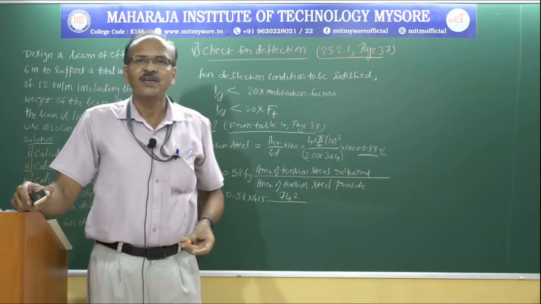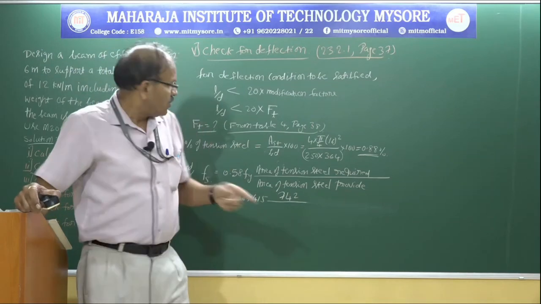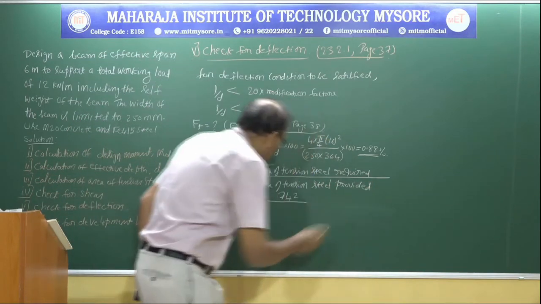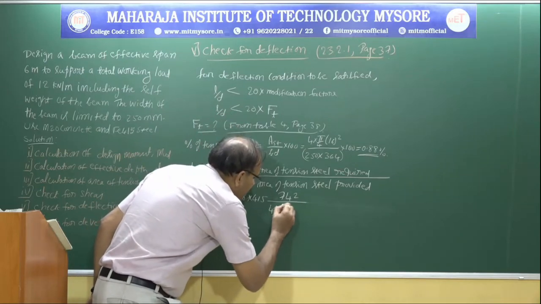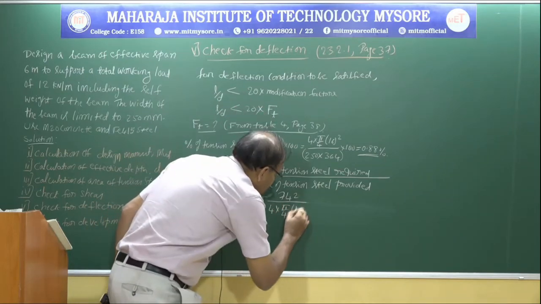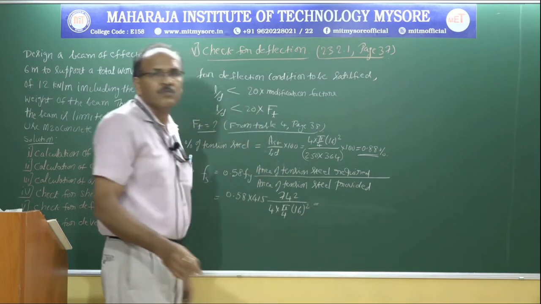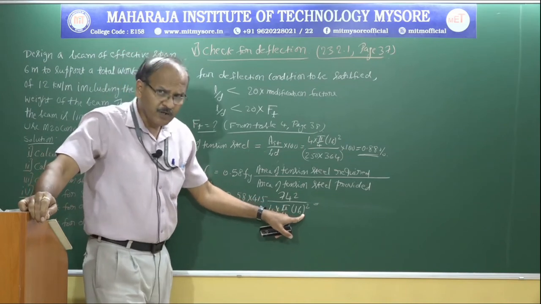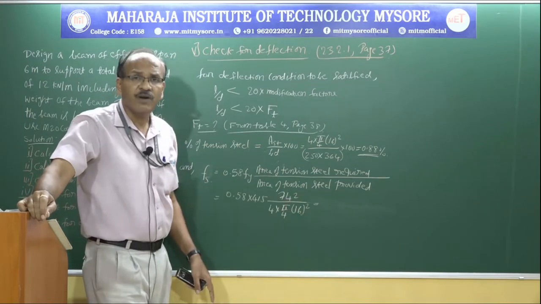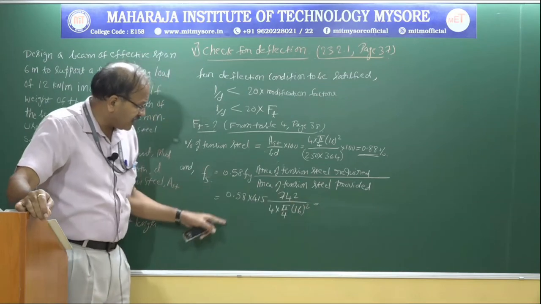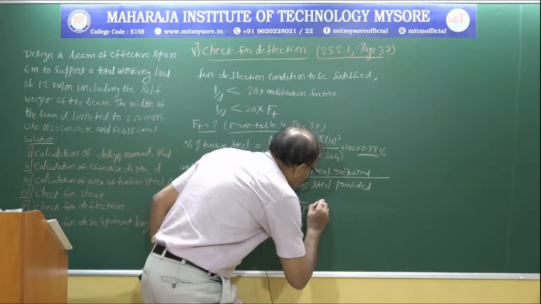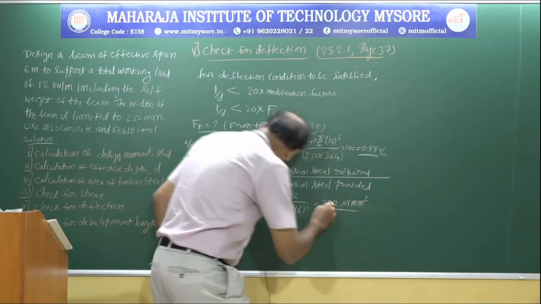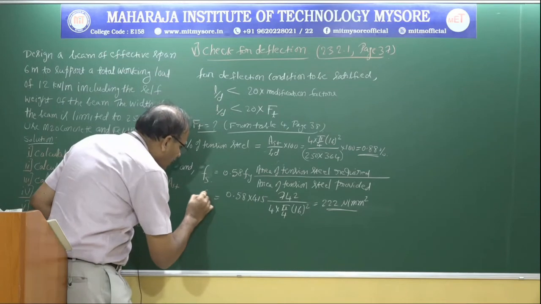However, we went ahead and provided 4 bars. So the area of tension steel provided is 4 multiplied by pi by 4 into 16 square, which comes to 804.25. With 742 required, after the calculation we get this value equal to 222 Newton per millimeter square. That is the value of small Fs.